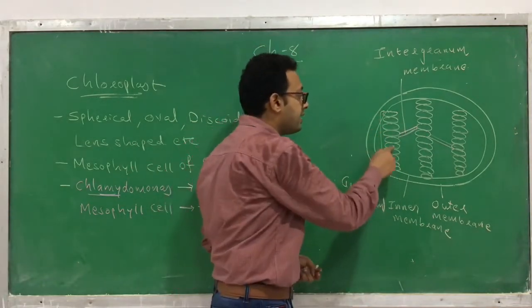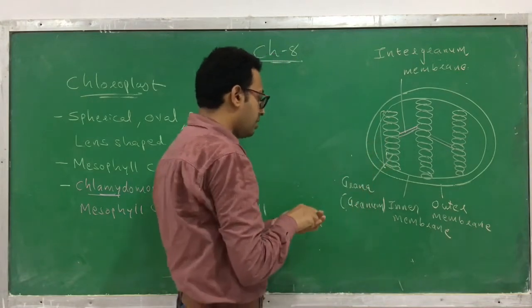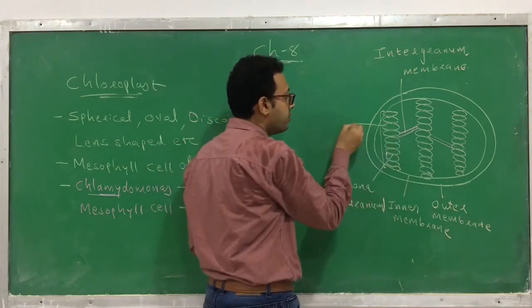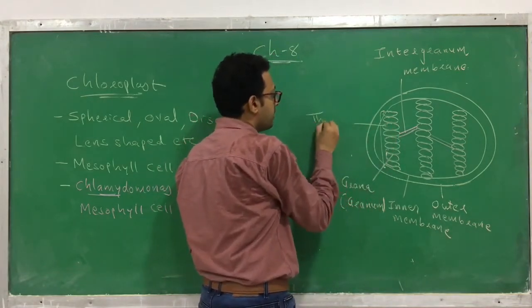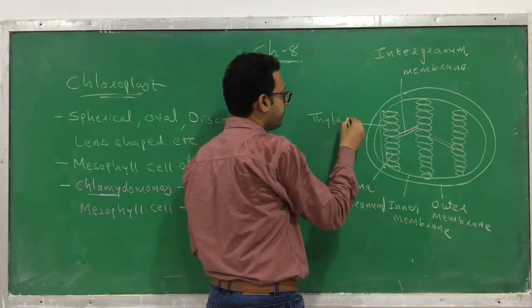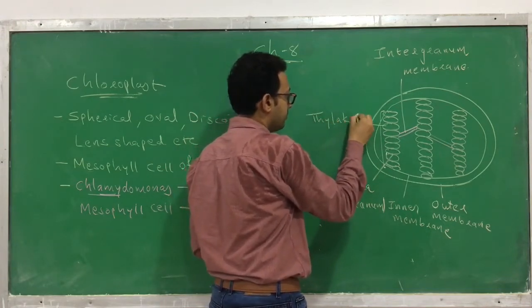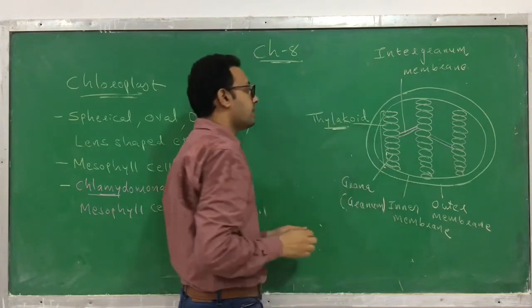And the grana contains a number of flat lamellar structures. The individual one is called a thylakoid. What is it called? Thylakoid.